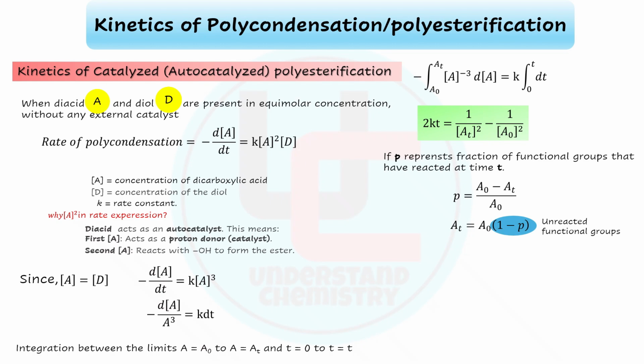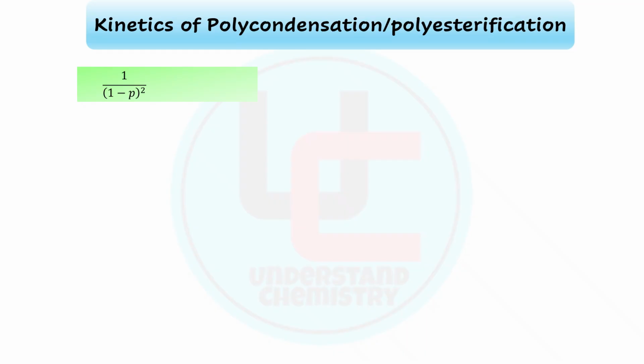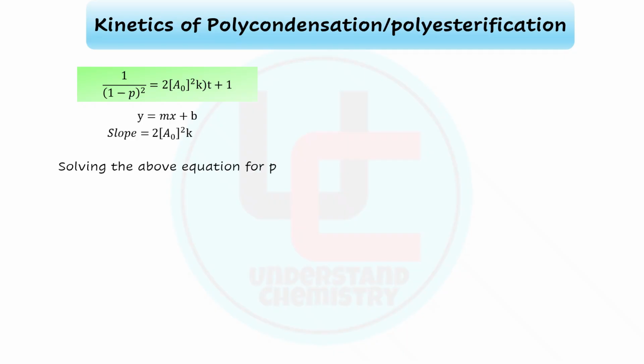Placing the value of At in the last equation, it will take the form as shown here, which on simplification will take the form as shown. This is an important equation. It tells us that a plot drawn between 1 over (1 minus P) whole square will be a straight line having slope 2A naught square times K, the rate constant.